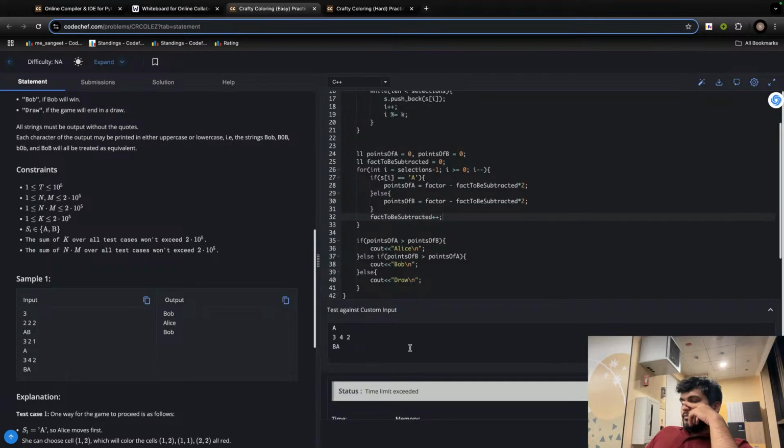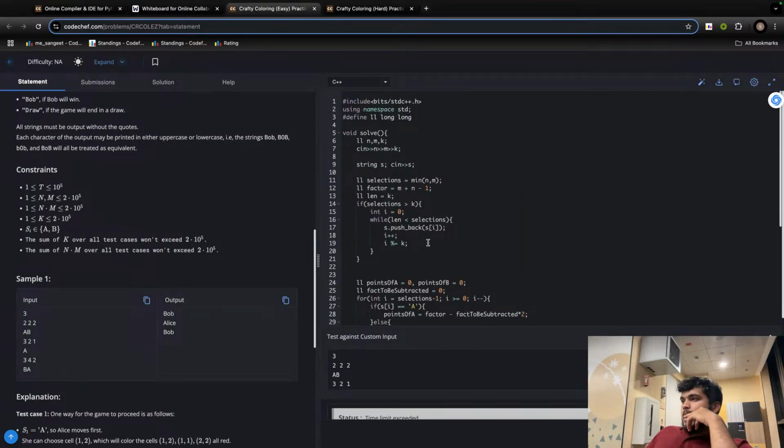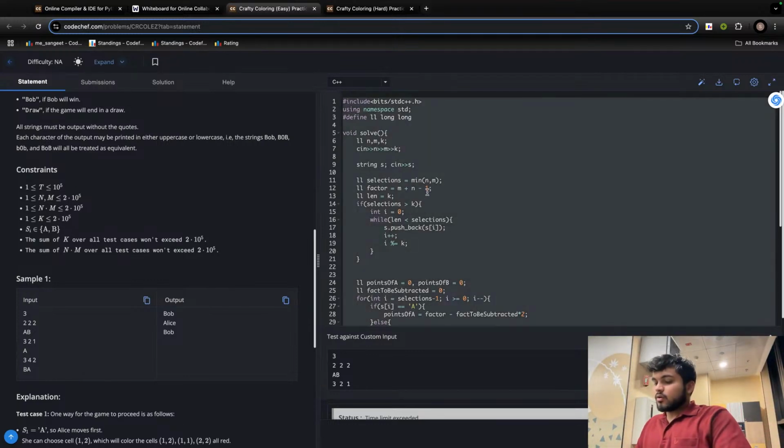Let us try to see if this is working fine for all of the test cases.